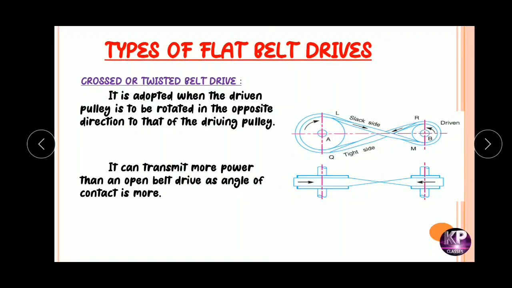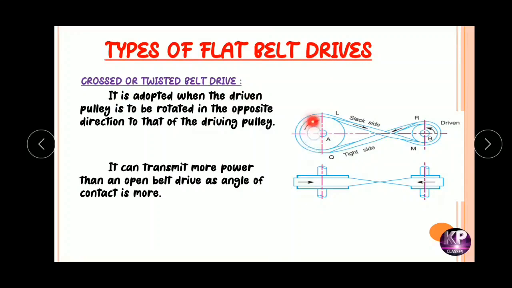Second one is the crossed or twisted belt drive. This is a driver and this is a driven. The driver rotates in the clockwise direction, but if we want to get an anti-clockwise motion in the driven, then the open flat belt drive is not suitable. For this, we have to opt for the crossed belt drive.